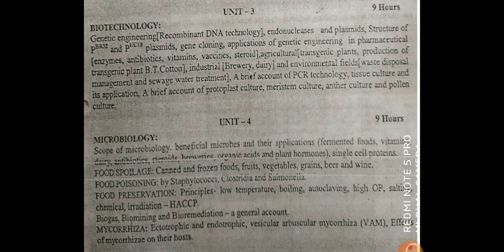And in agriculture, that is transgenic plants, production of transgenic Bt cotton, and also industrial applications. In the environmental field, especially waste disposal management and sewage treatment, you will study all these applications of genetic engineering.